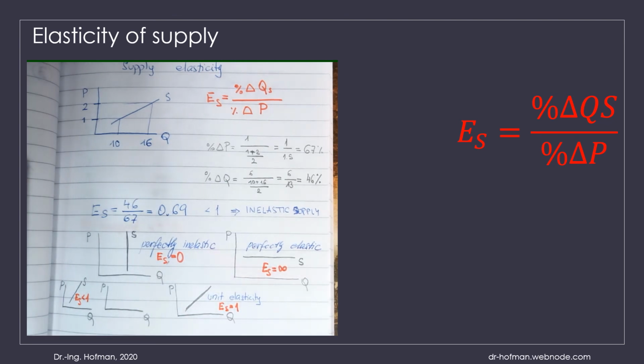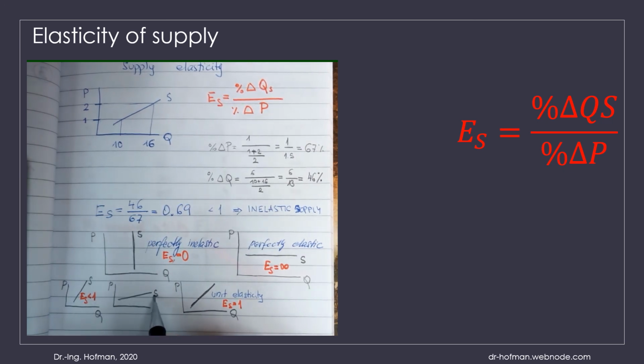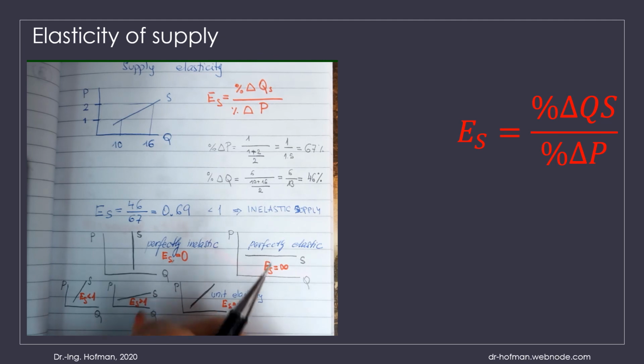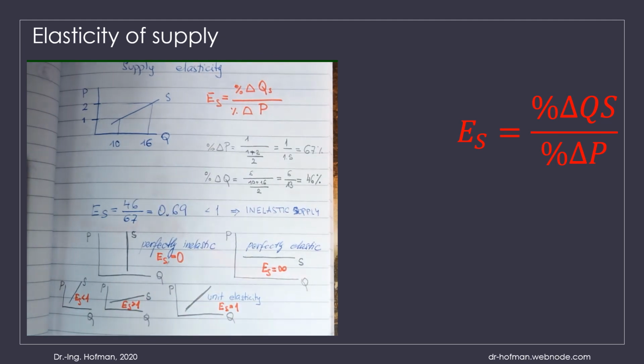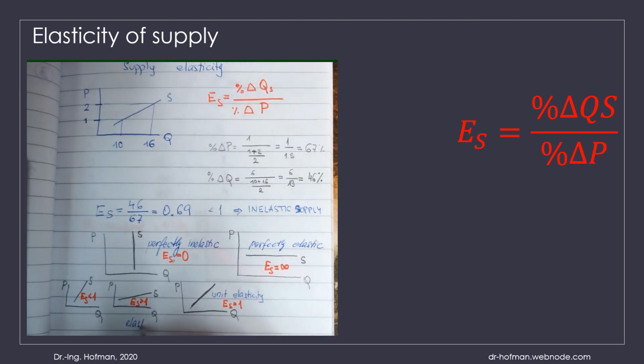And if the supply is elastic, more than 1, it looks like that. So this is elastic and inelastic supply.